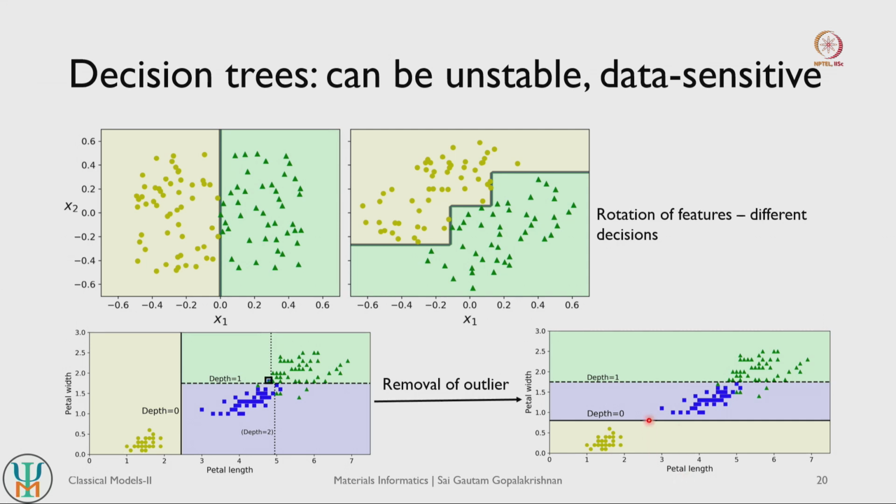Instead of creating a split along the petal length, it will actually create two splits along petal widths, right, that can completely separate out your Setosa, Virginica and Versicolor data points. So just removal of one outlier completely changes your decision tree model, right. So this is also something to keep in mind. Decision trees are very sensitive to outliers and they are very sensitive to rotation of features.